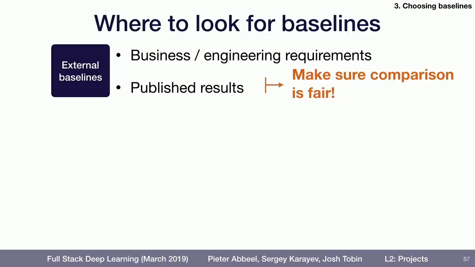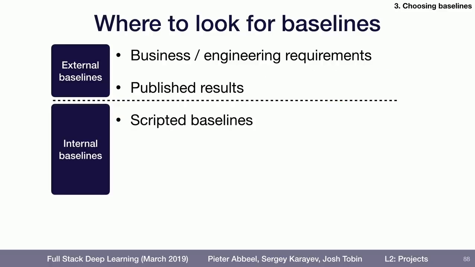Published results. If someone wrote a paper that says it's possible to get 90% accuracy on this task, then that's a reasonable baseline to use. Although it's important to make sure that it's really a fair comparison. If your data is way harder than the data that they published on, then maybe it's not a fair comparison.